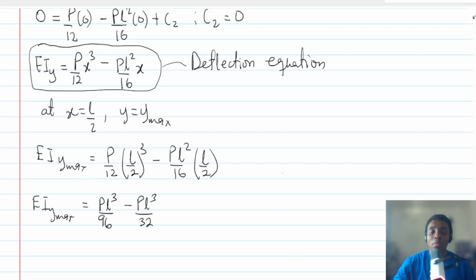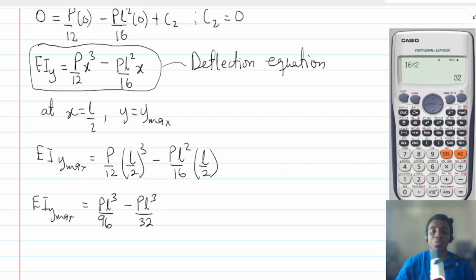At this point, let's do something here. Because we have PL cube in common, we are going to factorize out PL cube.